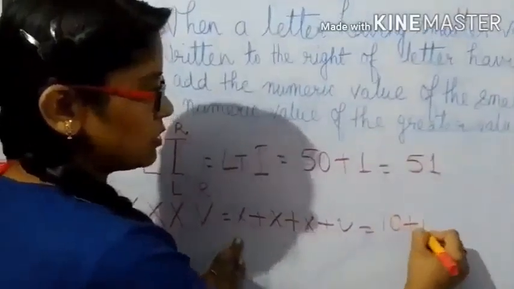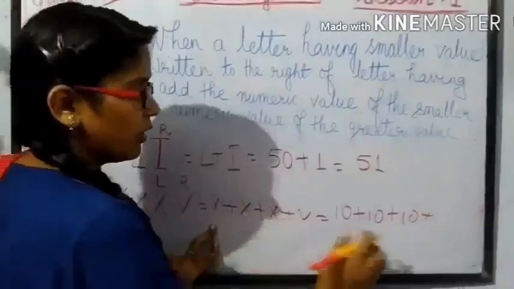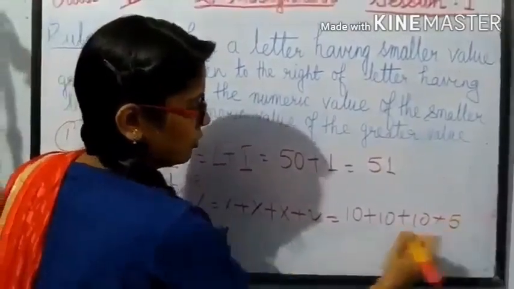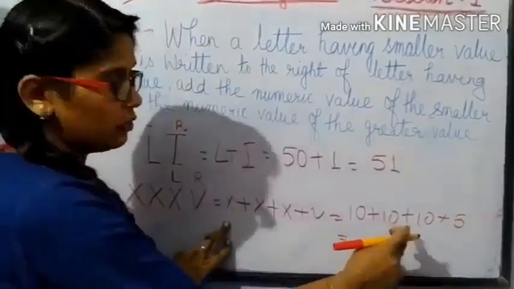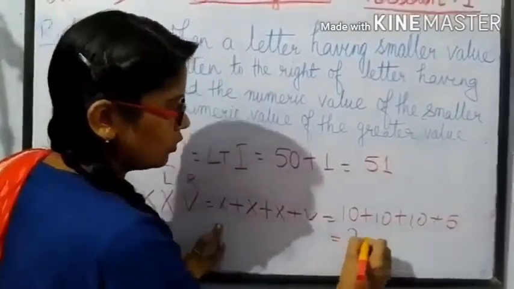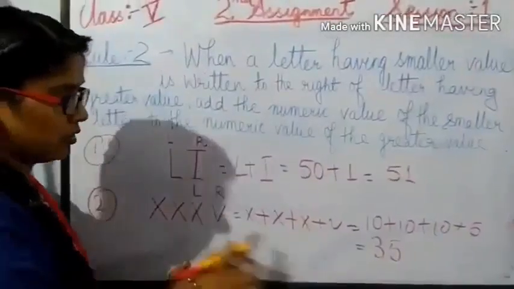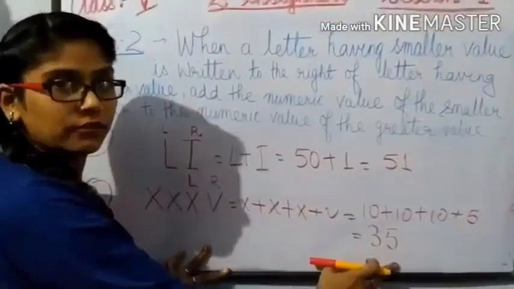So 10 plus 10 plus 10 plus 5. So 10 plus 10 is 20, 20 plus 10 is 30, and 30 plus 5, 35. So XXXV is equal to 35.